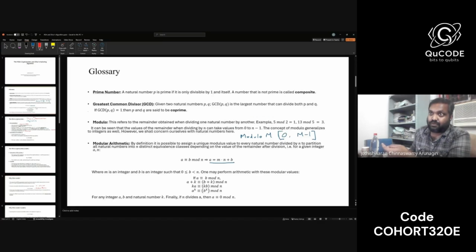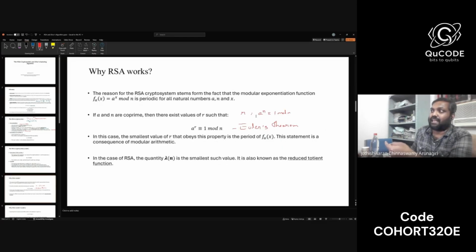Just to revise, we have this here: if A is congruent to B mod n, then KA is congruent to KB mod n. So I can use the same result here and say this will imply automatically that a to the power r plus 1 is actually congruent to a mod n.